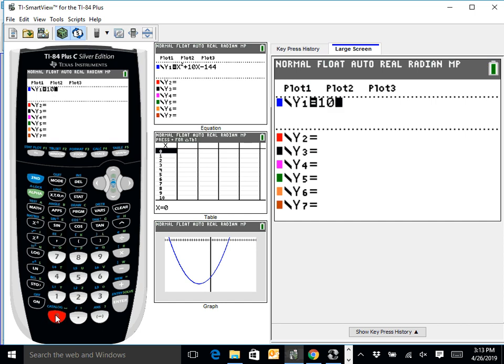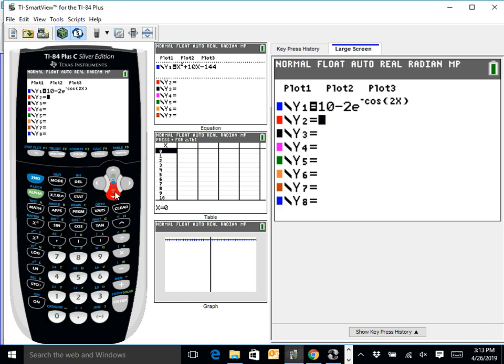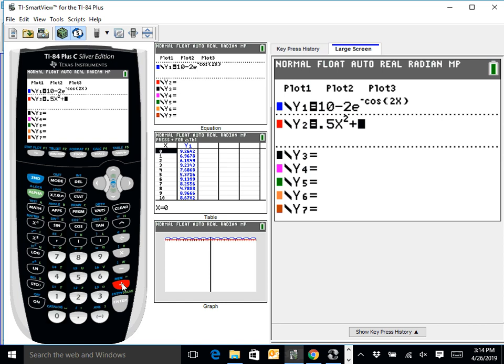It's 10 minus 2e to the negative cosine of 2x. Okay, double check, that looks good. My other one is 0.5t squared, or 0.5x squared plus 1. Okay. That's my rate in and my rate out.